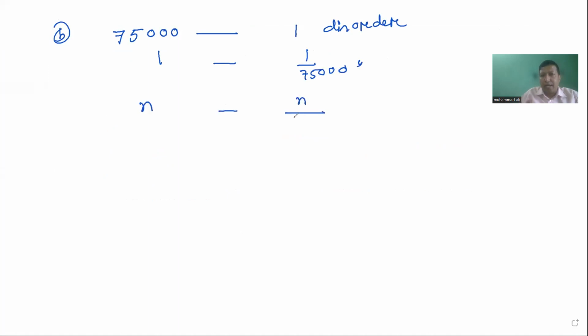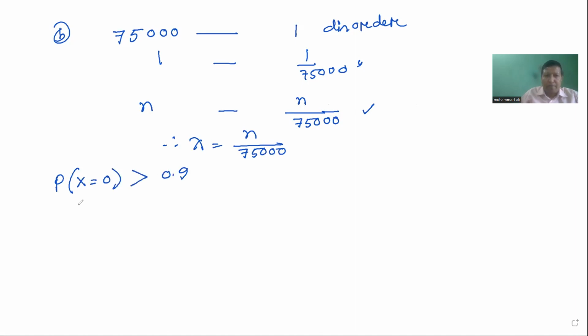So n by 75,000. So this is our new lambda. Therefore lambda equals n by 75,000. So no one has the genetic disorder, so probability of x equals 0 is greater than 0.9.